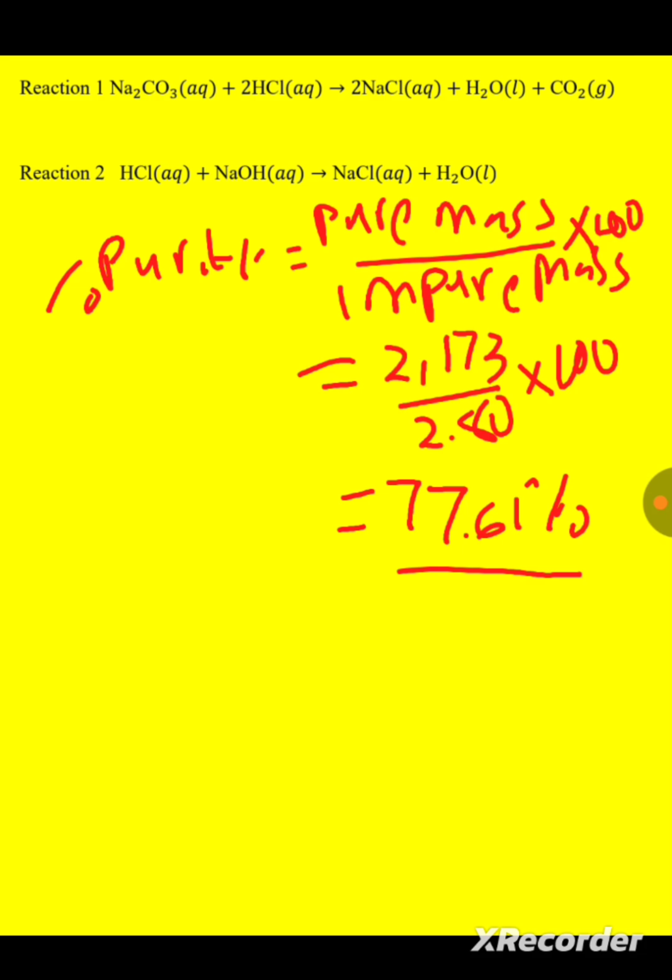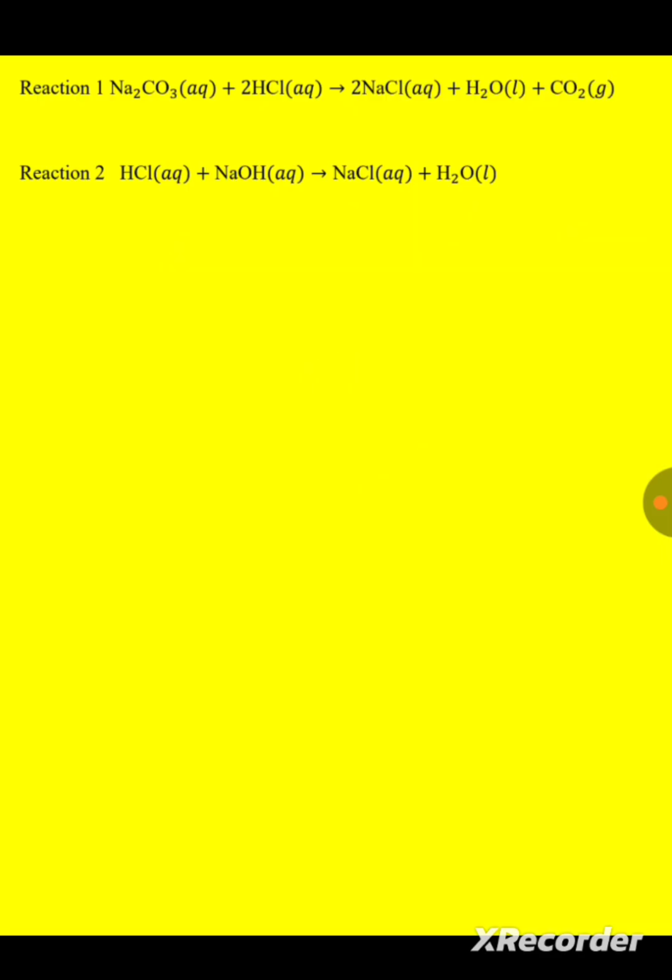Although it's a long calculation, I think it's a simple calculation because check, this is what I just said to you. You check the substance that is repeating both sides. Check this substance that is repeating. You get number of moles in reaction 1. You get number of moles in reaction 2.